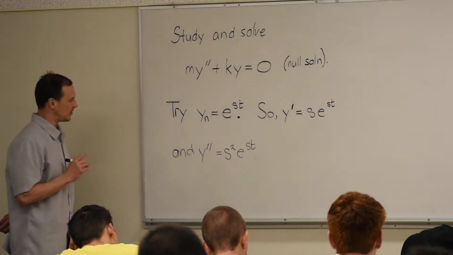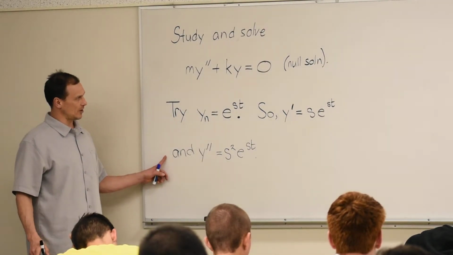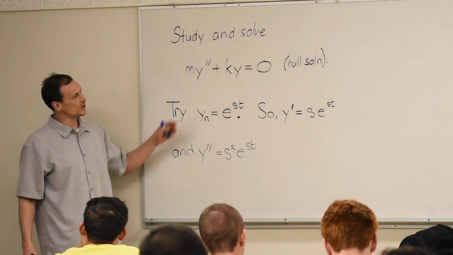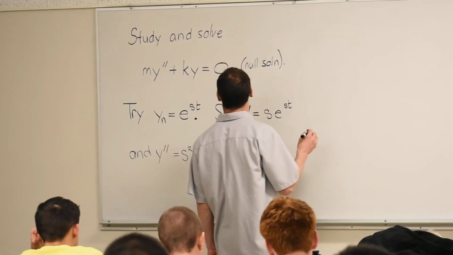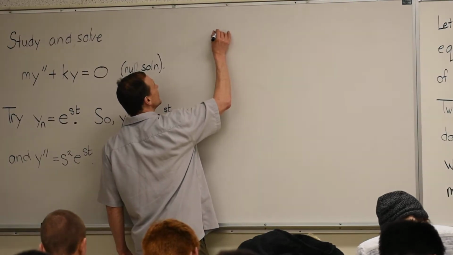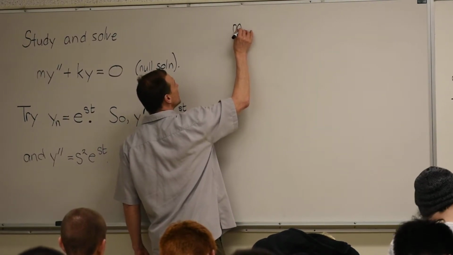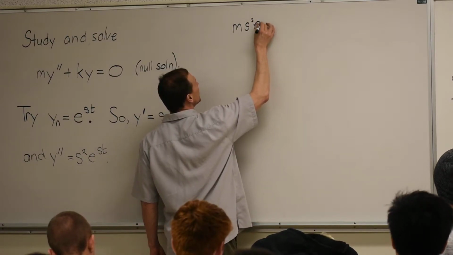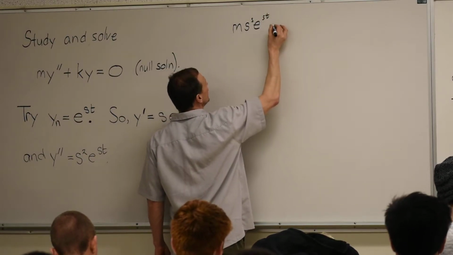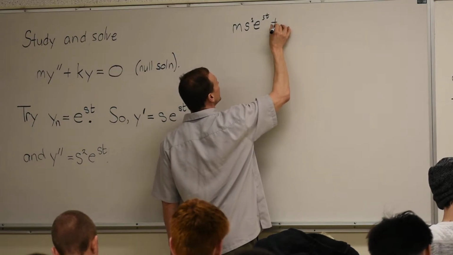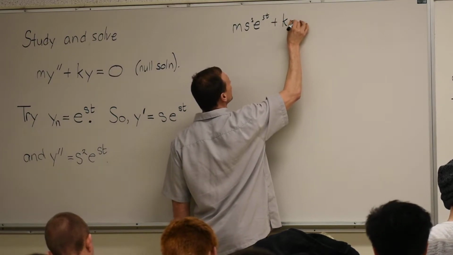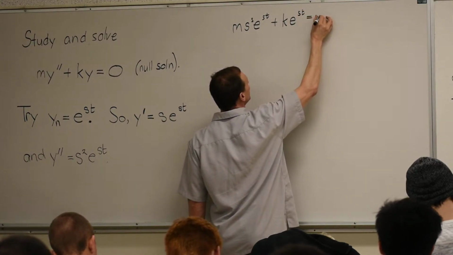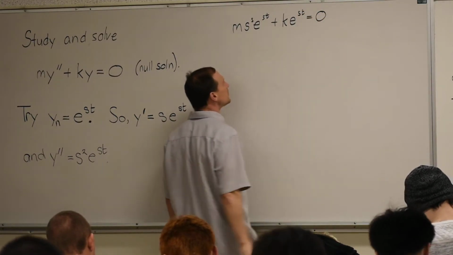Okay. Let's substitute our trial back into the original equation, and let's see what we get. This is going to give me m times s squared e to the st plus k times e to the st equals 0.